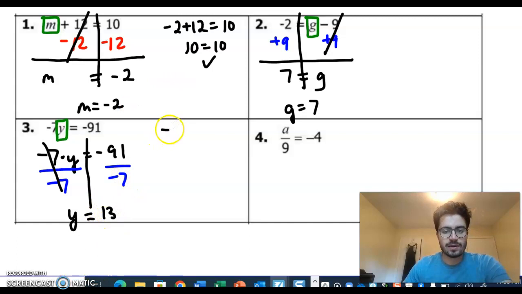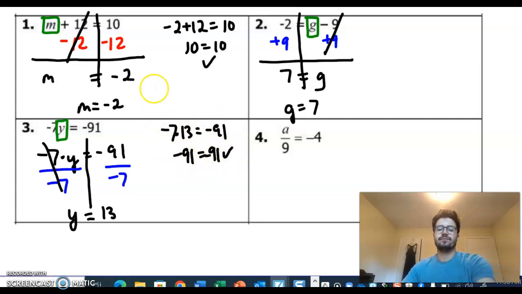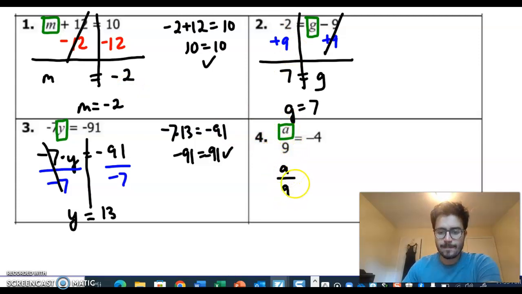I can check my work. Negative 7 times 13 is negative 91. Let's see. Yes, it is. It works. Okay, in this example, I want the a by itself. How do I get a by itself? Well, I'm dividing here, right? This is division. So in order to get rid of the division, I have to multiply.